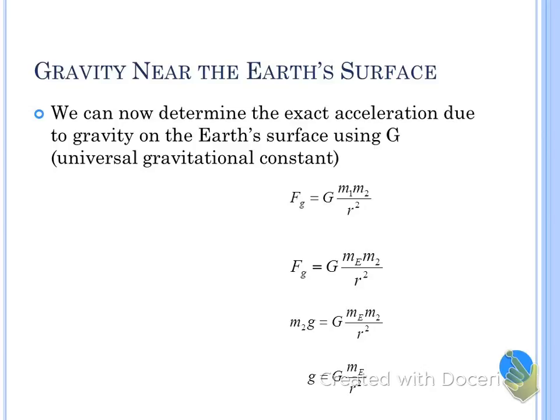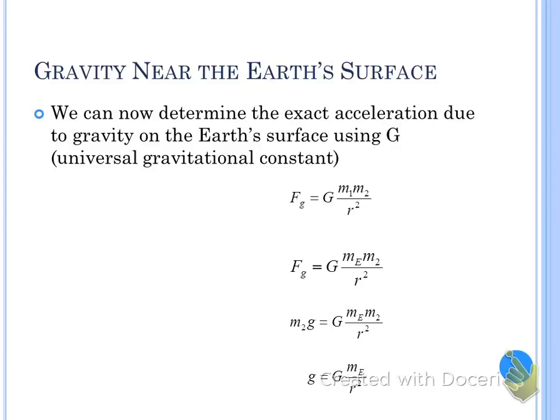When we solve for the gravitational force, what are our units? Newtons. And the variable is Fg. So there's a difference between those two.